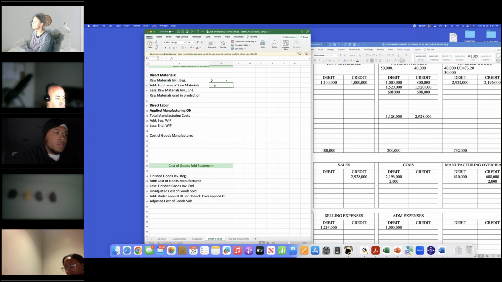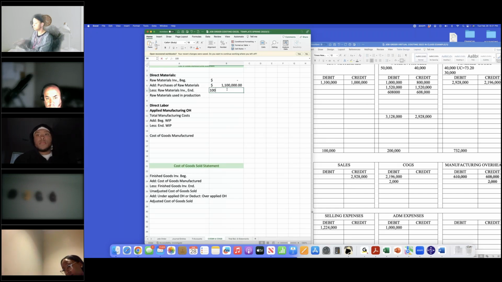We purchased 1.1 million. Okay. Now ending is how much? Would that be $100,000, right? But the raw materials used were how much? 1 million?